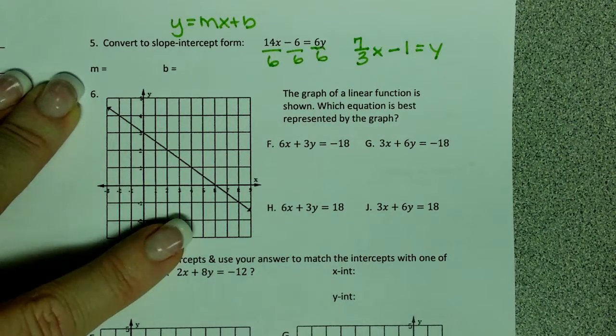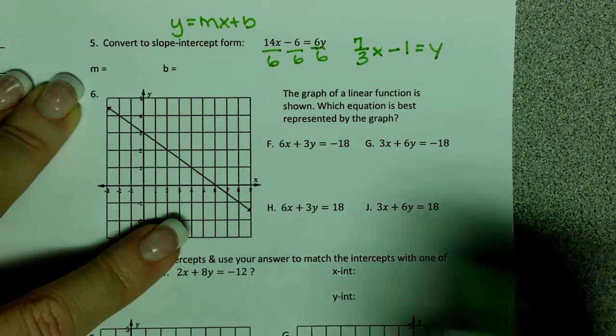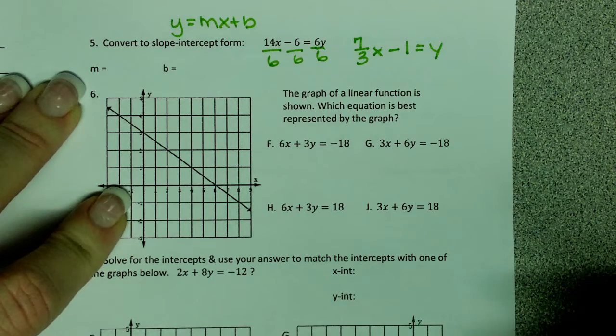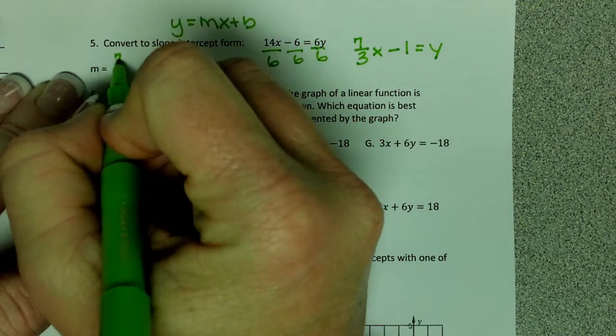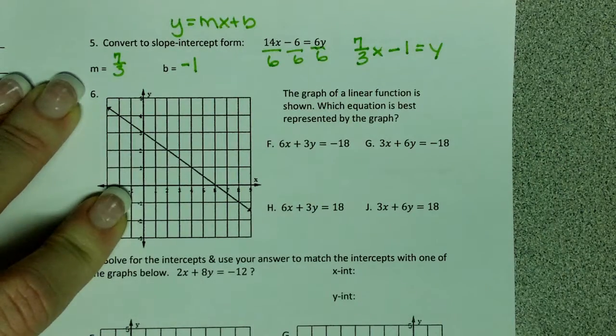To reduce it, we reduce 14 over 6 to 7 over 3. Okay, so what is my slope? 7 over 3. What's my y-intercept? Negative 1.